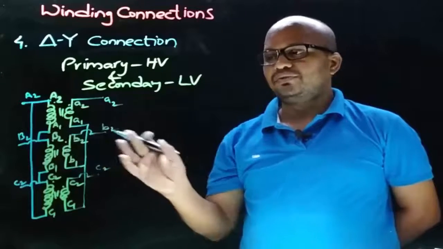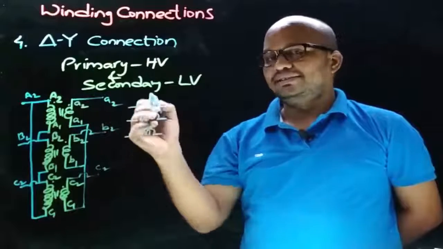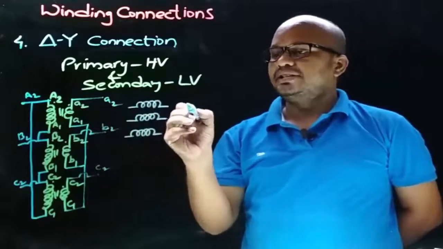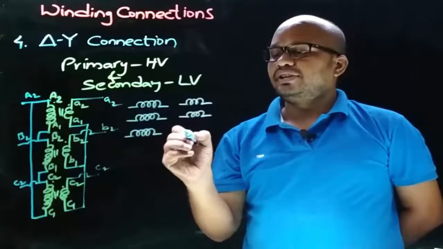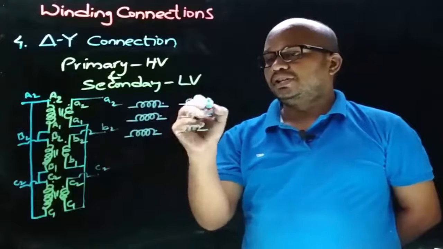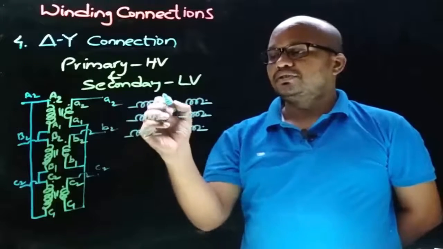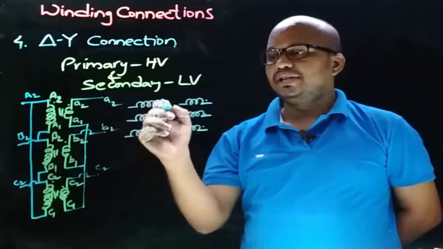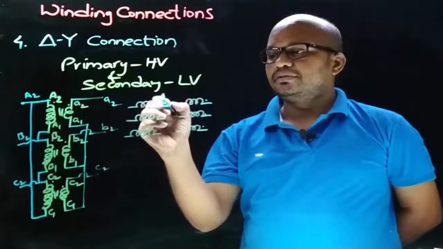So for that, let's arrange these windings in horizontal fashion. Let these 3 be the HV windings and let these 3 be the LV windings. These be the dot end terminals. Now let's give the notations. So as these 3 are the HV winding connections, so the notations will be in capital letters.